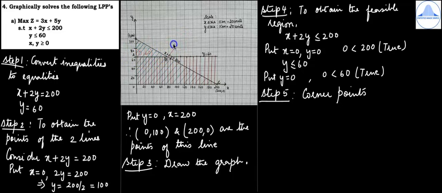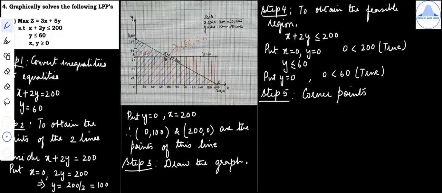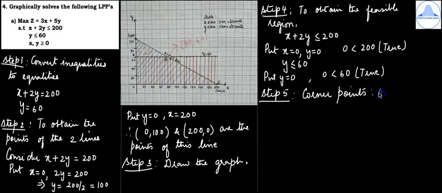So this B, the point is 80, 60, and C, you know, it is 200, 0. So these three are the corner points of the feasible region. So let us write down the three corner points. So the three corner points are A, that is 0, 60. Then we have B, that is 80, 60. And then you have C, that is 200, 0.